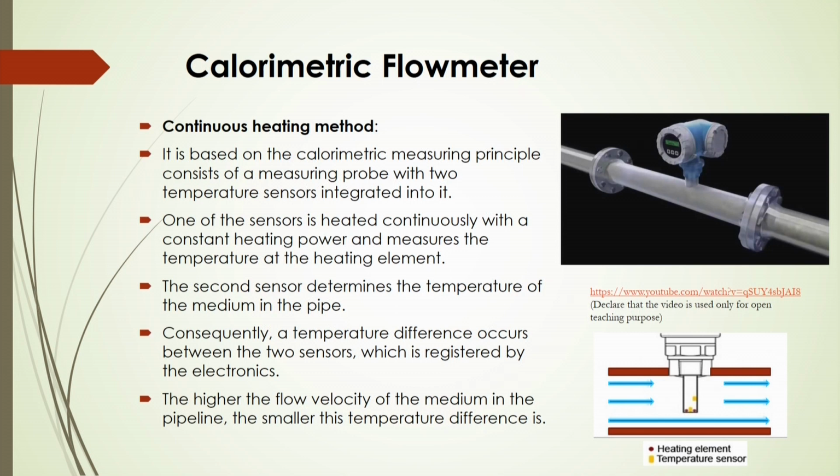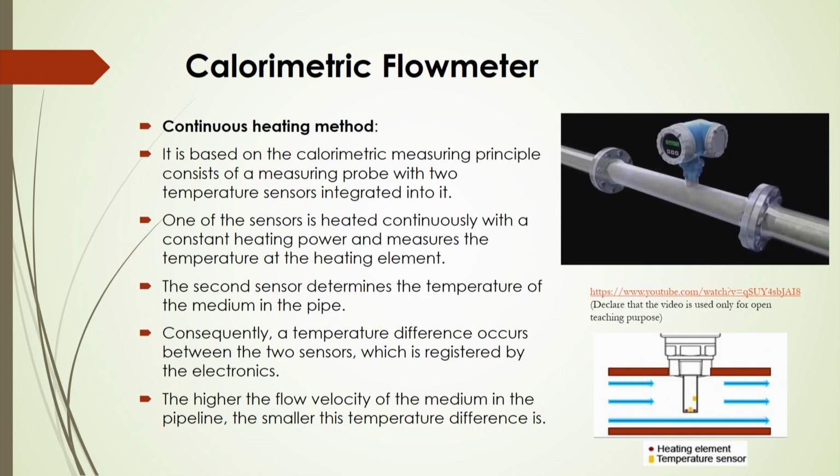The second sensor generally determines the temperature of the medium in which it is immersed, that is, the fluid which is flowing. In that medium this second sensor is immersed, and consequently a temperature difference occurs between these two sensors, which is registered by the electronics.